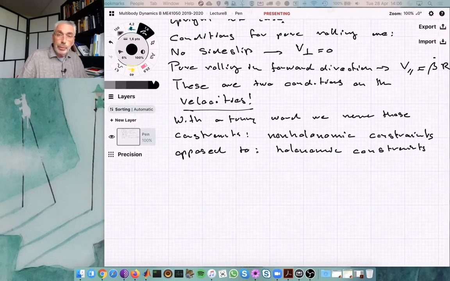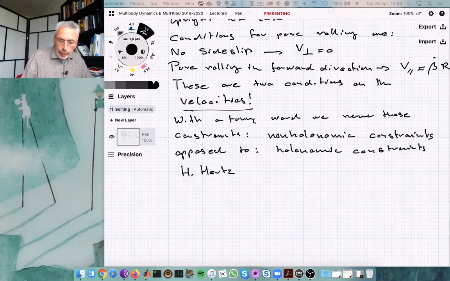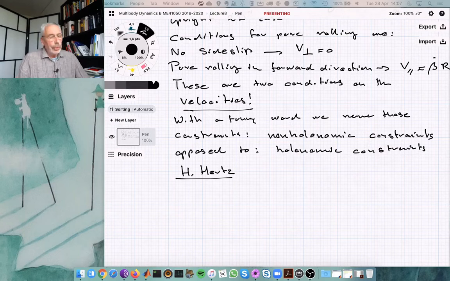Well, that's of course the first guy who investigated these rolling contact problems. And you would be tempted to say Euler, yes, but unfortunately that's not the case. It was Heinrich Hertz. So Heinrich Hertz was among the first who came up with this wording of non-holonomic constraints, and also who developed the whole mechanics and dynamics of non-holonomic systems.